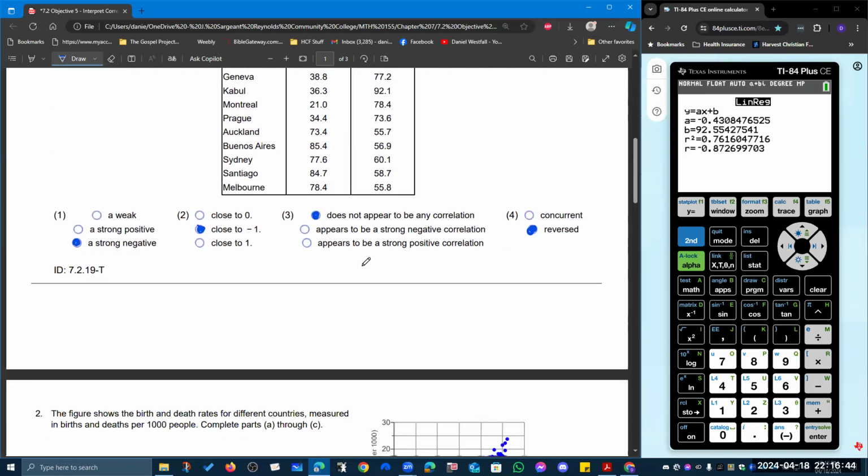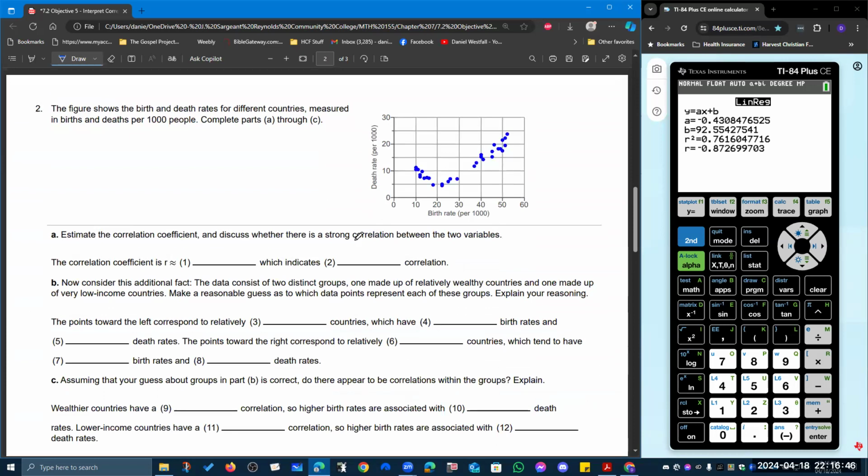Okay, let's go ahead and look at number 2. The figure shows the birth and death rates for different countries measured in births and deaths per 1,000 people. Complete parts A through C. So we already have the scatter plot here. The correlation coefficient is about what?